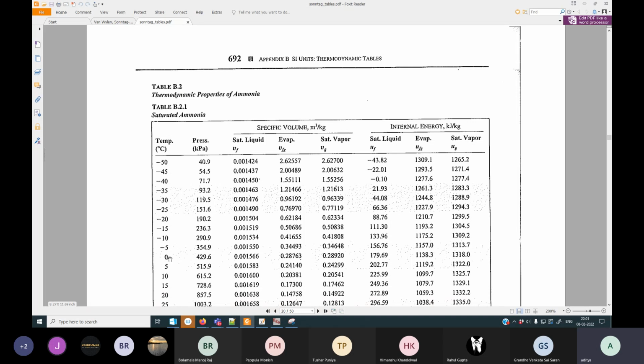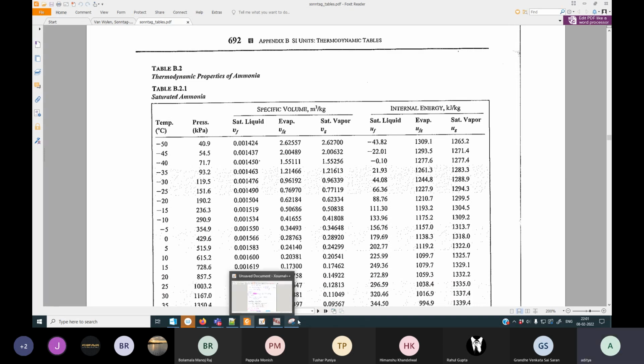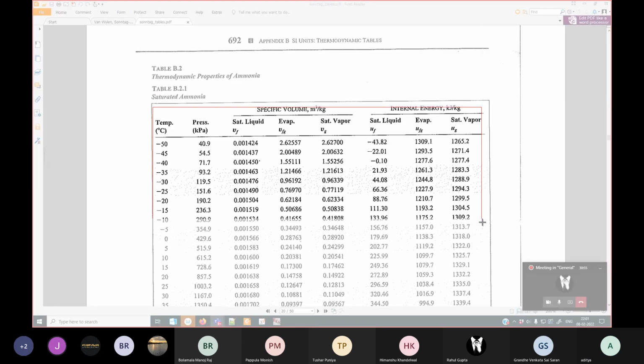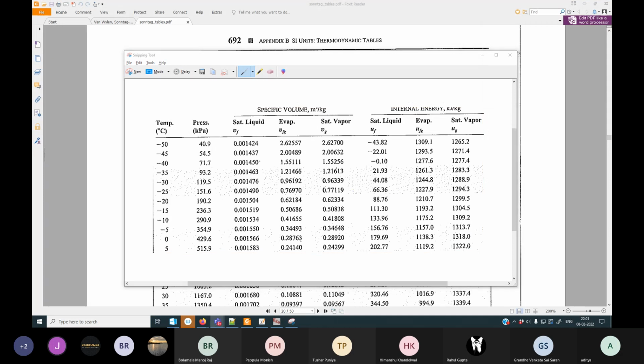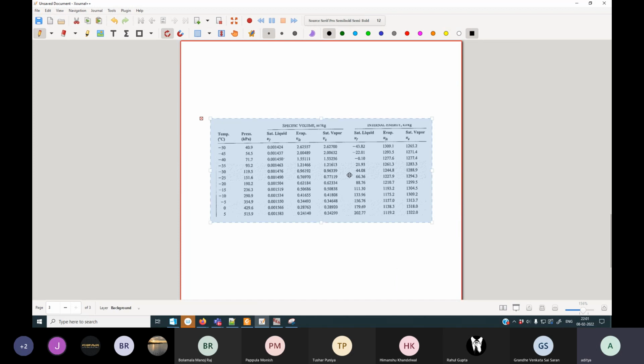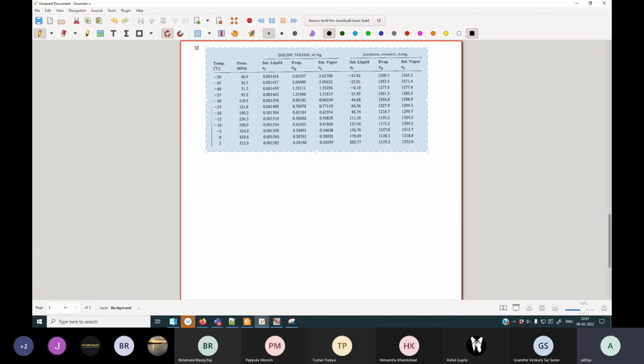For the first state, 0 degrees Celsius, let me just take a screenshot. I want to comprehensively show you that maybe it is the offset that is creating the issue. So the first state is 0 degrees Celsius, and these are the specific internal energies.